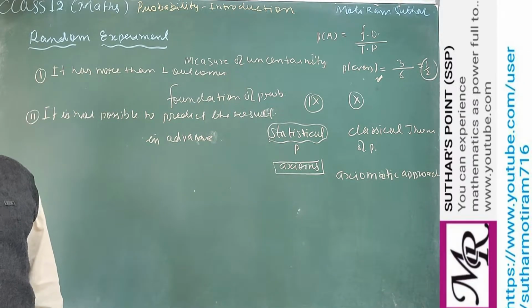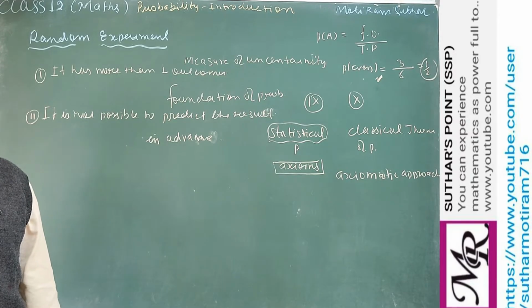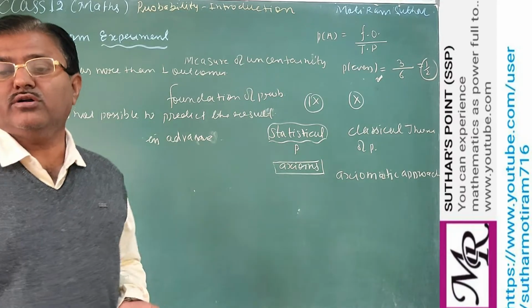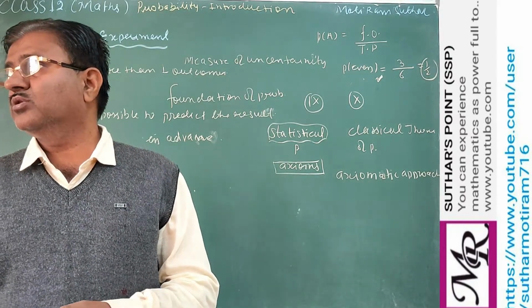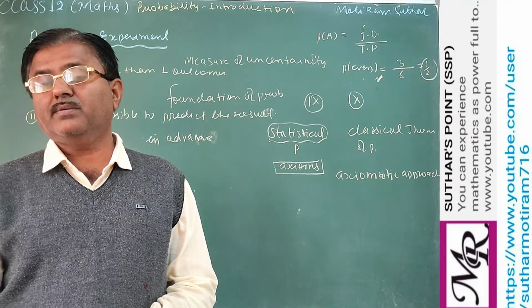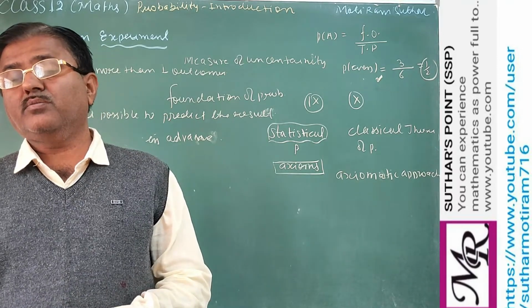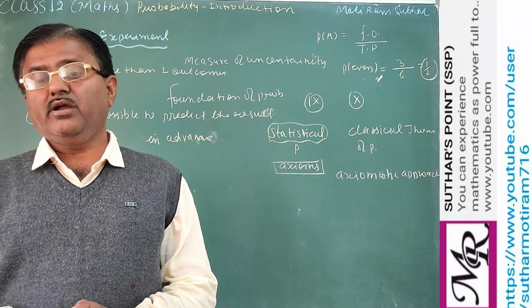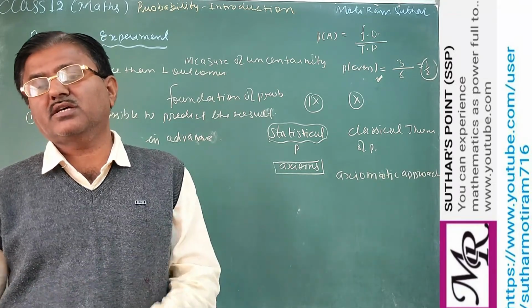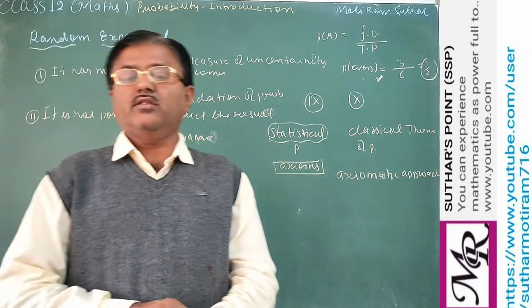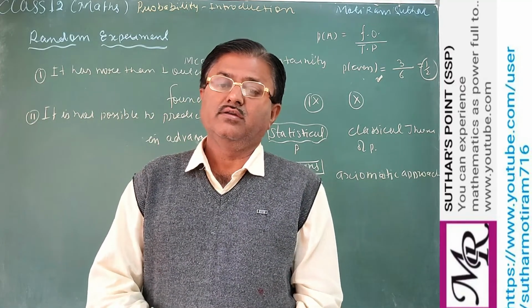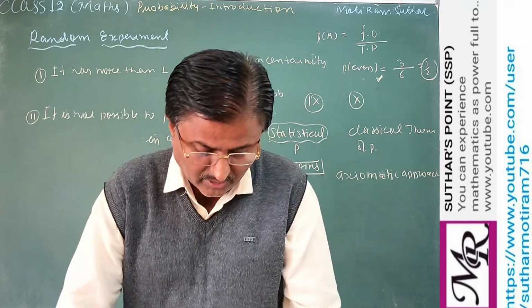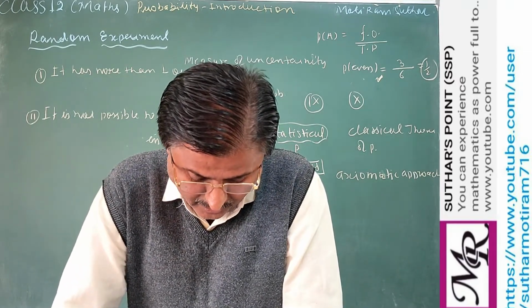So what is the property, or how can we identify whether an experiment is random or not? First, it has more than one possible outcome. Second, the result of the experiment cannot be predicted in advance. In advance we cannot say that it will be 2, or 3, or 4. Right? So such a type of experiment is called a random experiment.